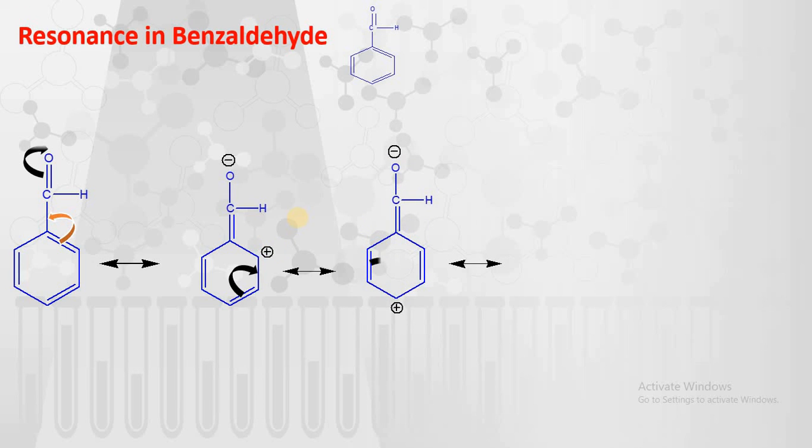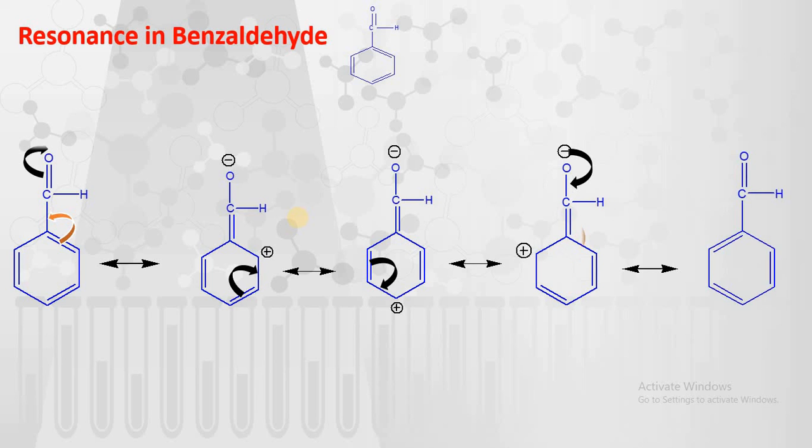Again the next double bond is going to shift electrons. Then the positive charge is formed again at the ortho position. This is the next structure, and the final structure which we are going to draw is the shifting of this negative charge towards the benzene ring to form the aromatic benzene ring. So it is formed like this. So this is the final structure.